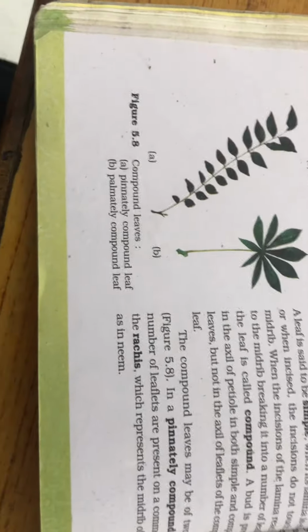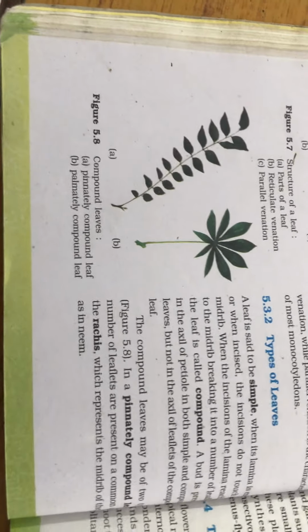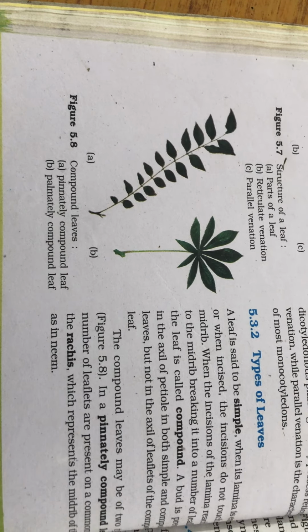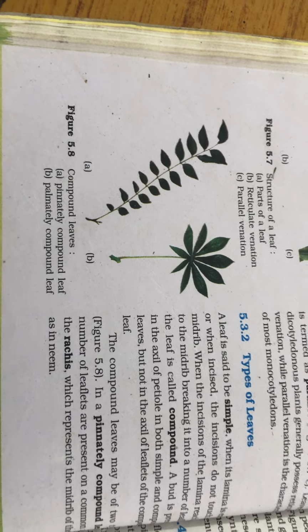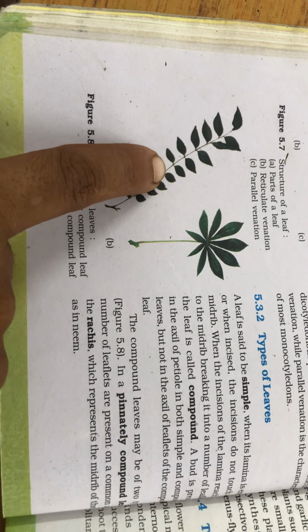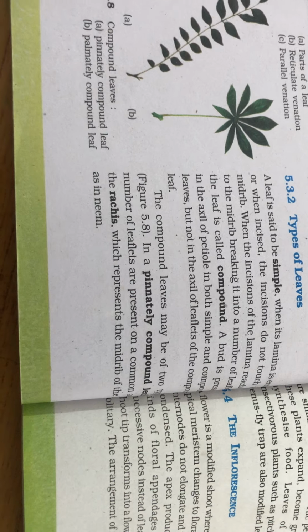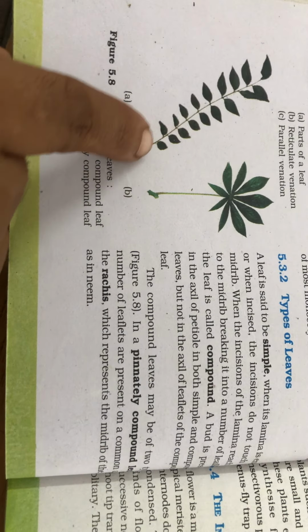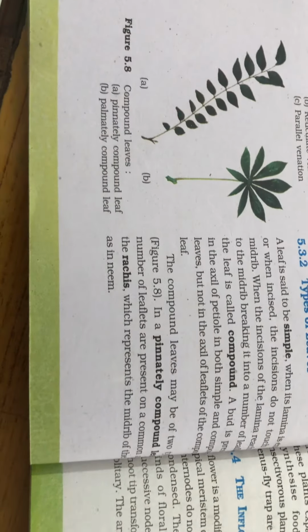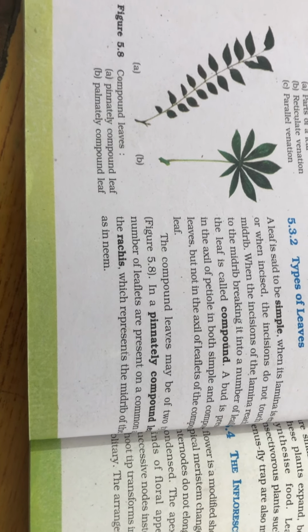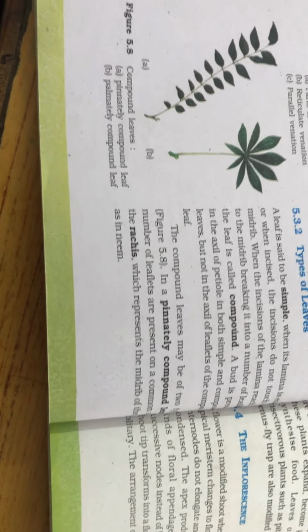In compound leaves, two types are there: pinnately compound leaf and palmately compound leaf. Pinnately is this, palmately is this, like a palm. In a pinnately compound leaf, a number of leaflets are present on a common axis, the rachis, which represents the midrib of the leaf. For example, the neem tree.